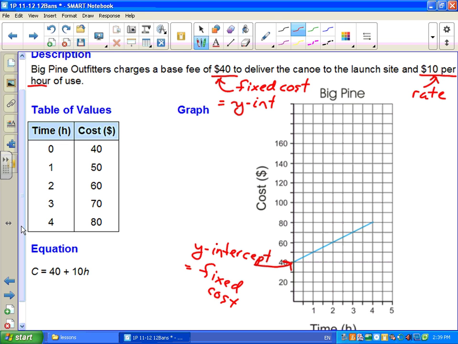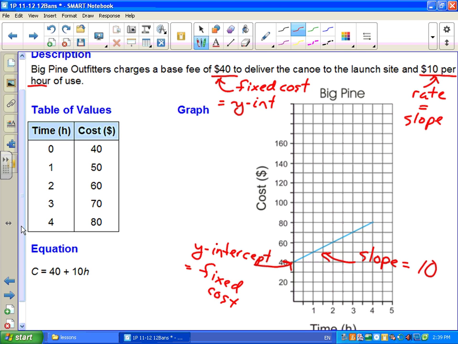What about this rate, this $10 per hour of use? Where do we see that on our graph? Well, when we calculated our slope, we found that our slope here was $10. So our slope was 10, so the rate is the same as the slope. So we could go straight from this description to these things on the graph.